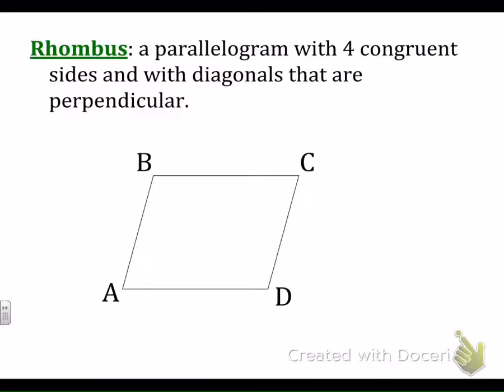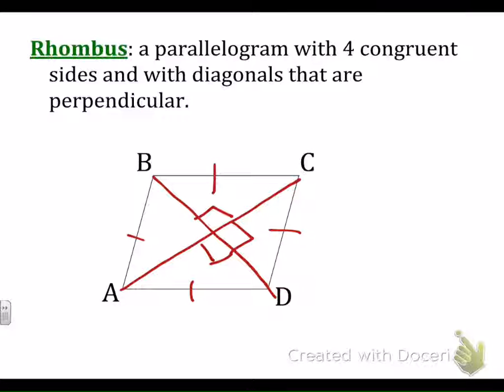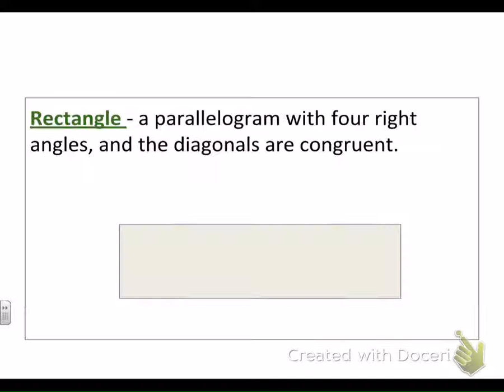Okay, and then rhombuses, rectangles, and squares are special parallelograms, so we're going to get into that. Alright, so a rhombus is a parallelogram with 4 congruent sides and with diagonals that are perpendicular. So all the sides are congruent, and the diagonals are perpendicular, meaning they form right angles. A rectangle is a parallelogram with 4 congruent angles. So all the angles are 90 degrees, and the diagonals are congruent.